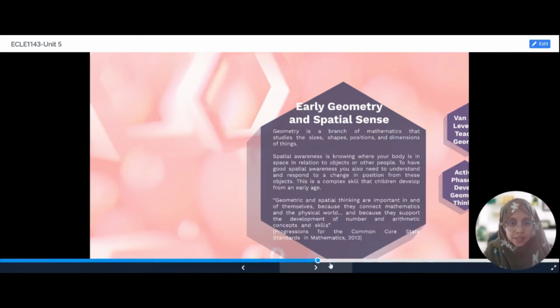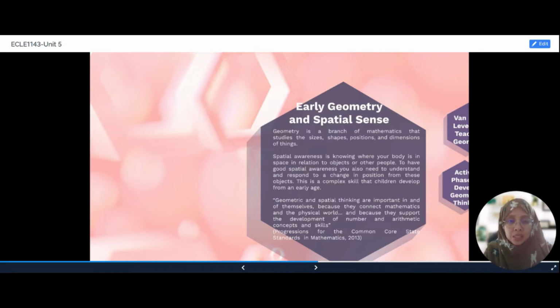Alright, so to learn early geometry and spatial sense, it is more or less the same as learning number sense, where we have to go in order, from early maths and early numbers, and then basic operations.